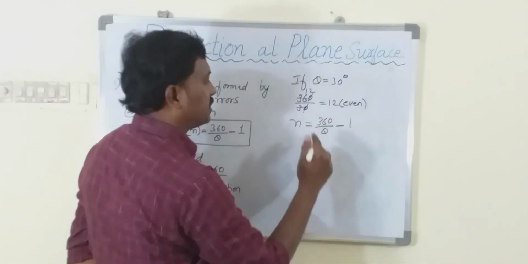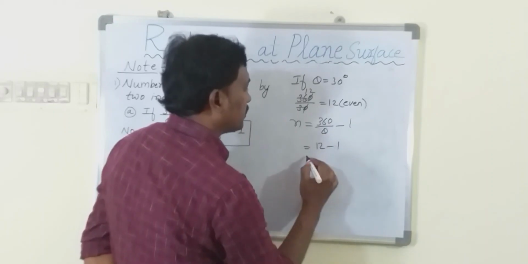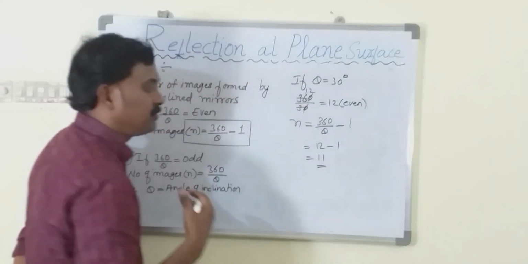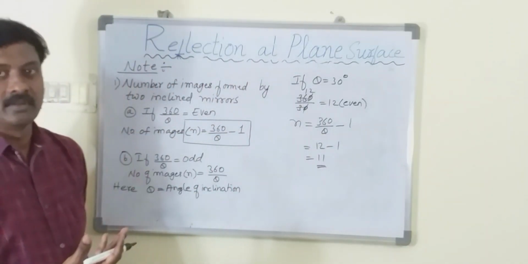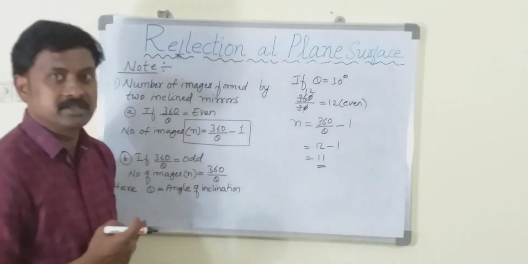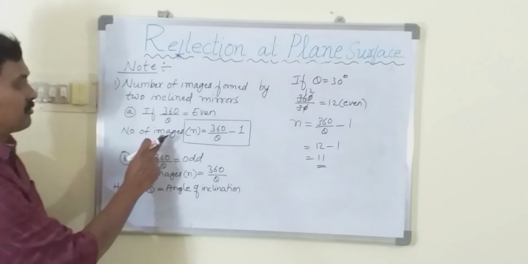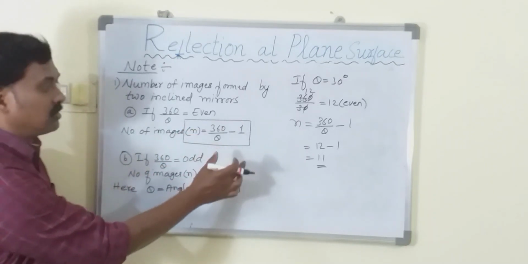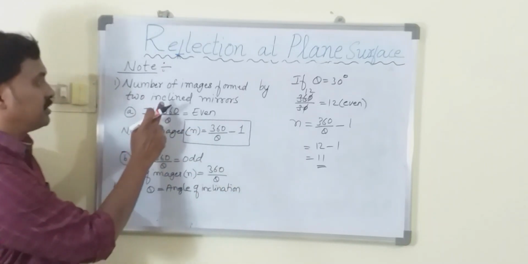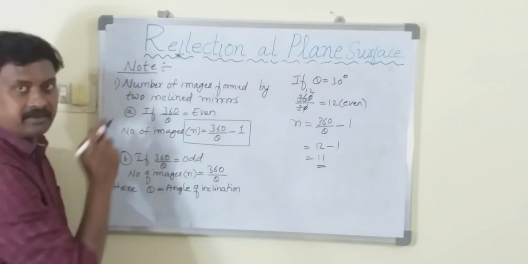We have already seen 360 by theta is 12, and 12 minus 1 is equal to 11. So the number of images formed when the angle of inclination is 30 degrees is 11. That is according to this formula: number of images n equals 360 by theta minus 1, which you use when 360 by theta is even.